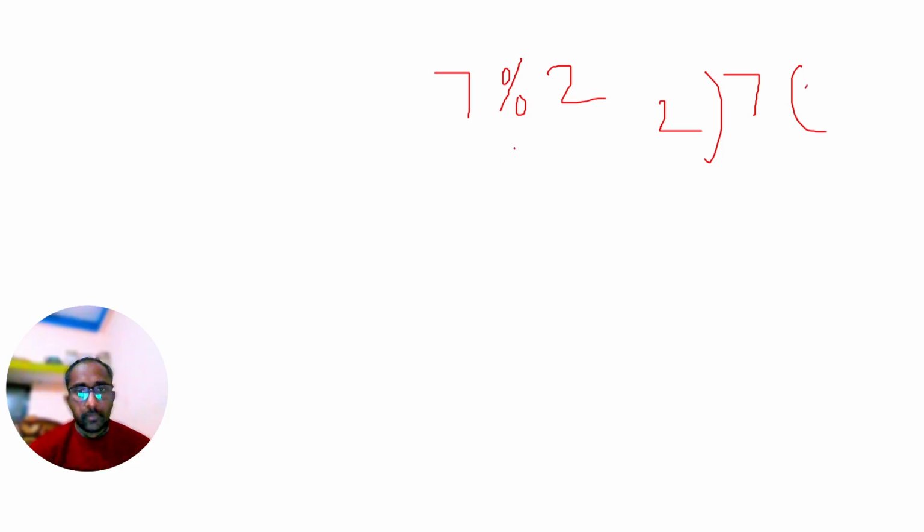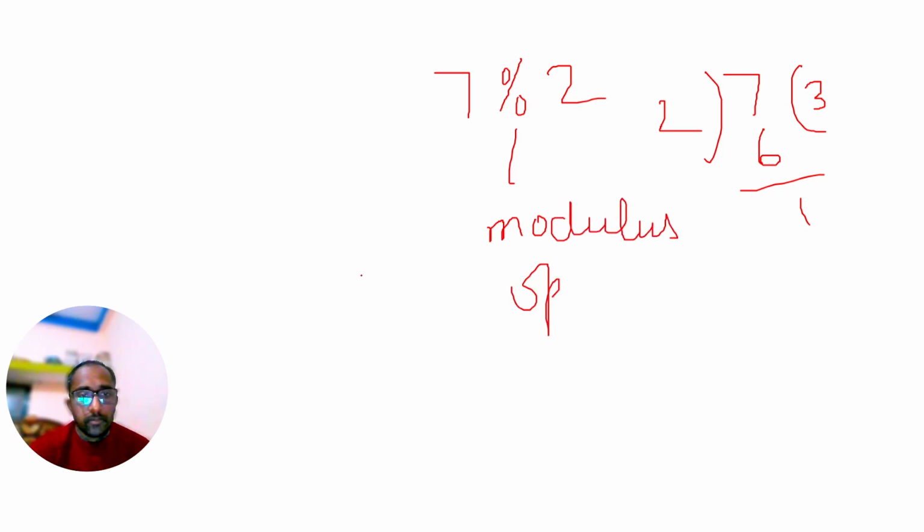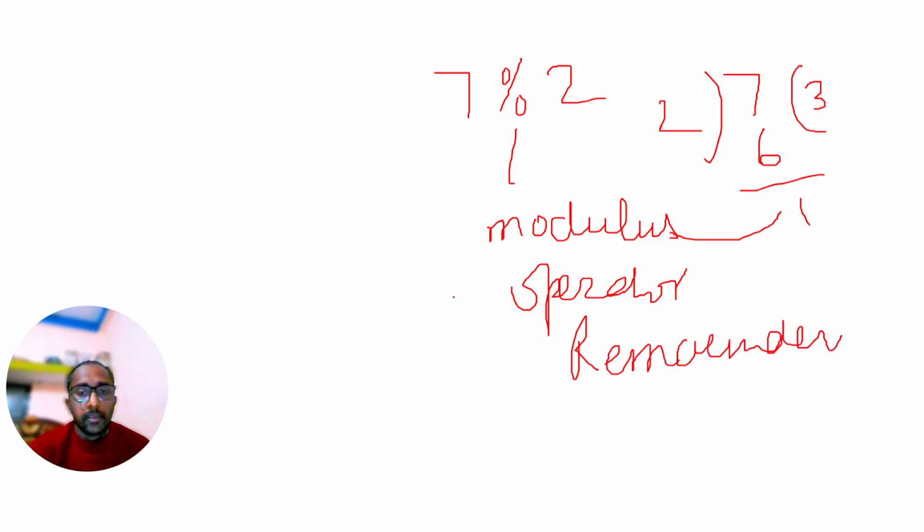Modulus gives the remainder. Suppose 7 modulus 2: 7 divided by 2 is 3, remainder 1. This is the modulus operator. It gives the remainder.